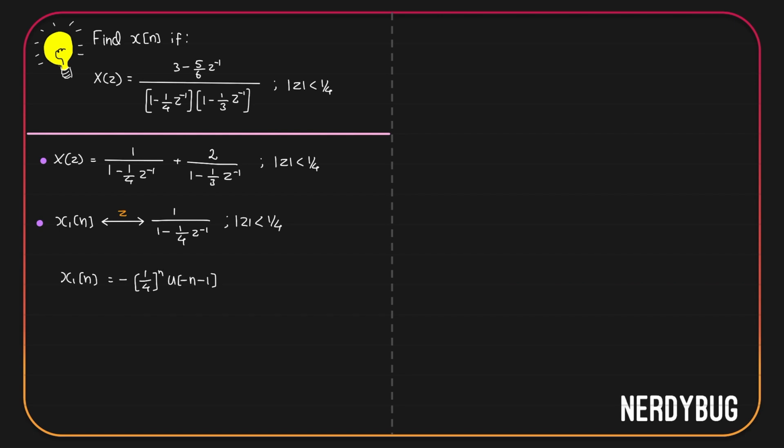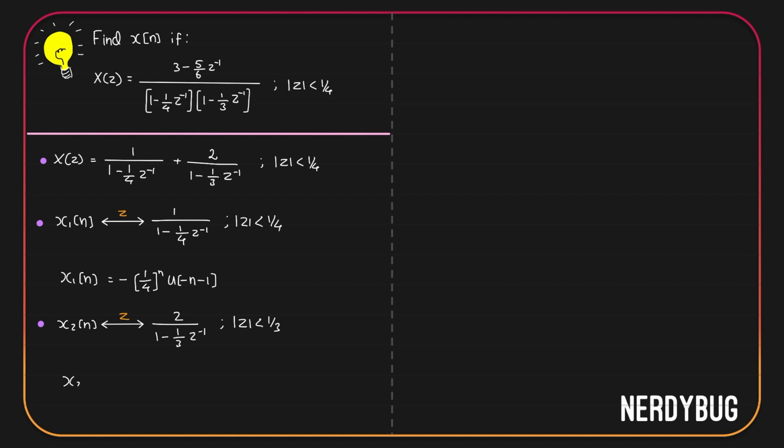Let us take x2 of n to be the inverse z transform of the second part. ROC is magnitude of z being less than 1 by 4. But if magnitude of z is less than 1 by 4, it is going to be less than 1 by 3 also, because 1 by 3 is greater than 1 by 4. So we can write magnitude of z is less than 1 by 3 also. That means x2 of n is also a left-sided sequence.